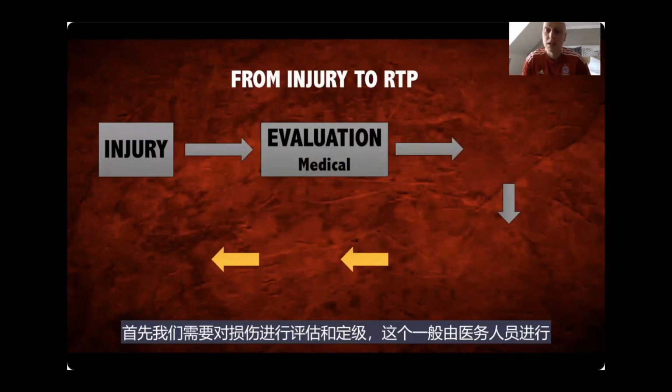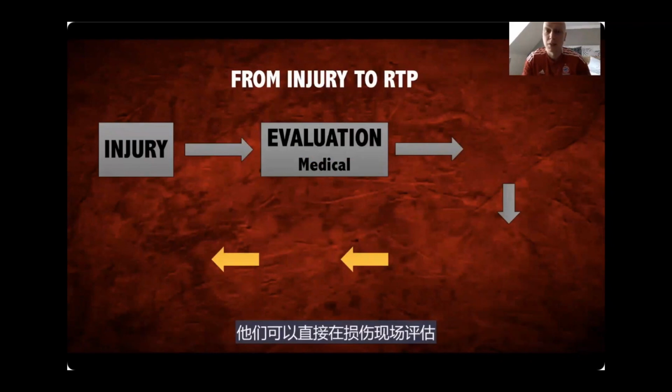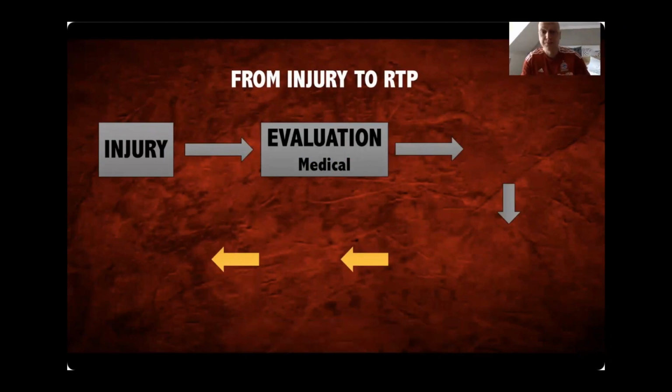And normally, this is done by medical staff. It can be a medical doctor or a physiotherapist who are there on the site and can evaluate the player right away, or they go to their room, the medical department room, where they assess the problem on a stretcher table.